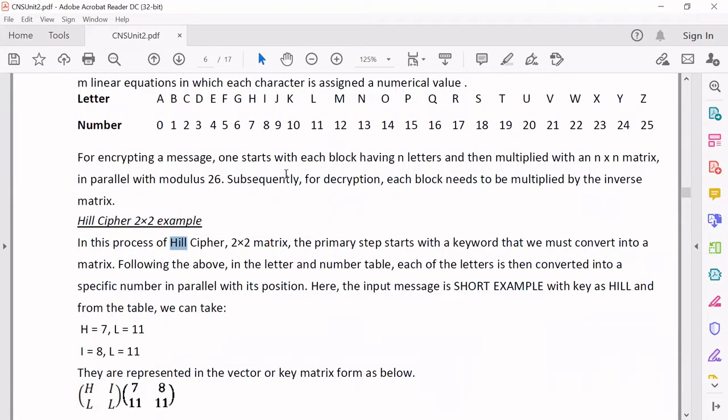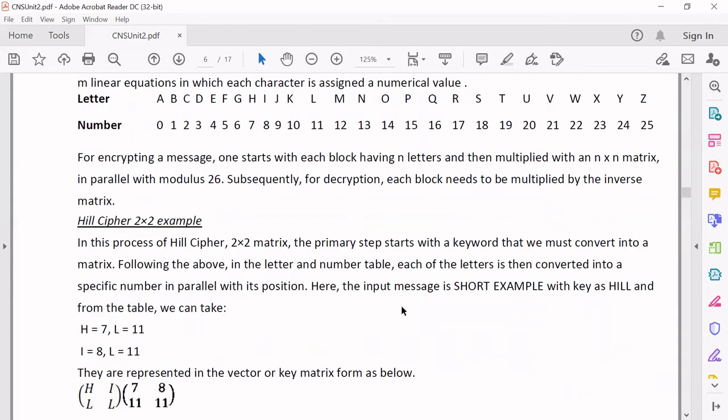So for H, what is the number? 7. L, it is 11. I, it is 8. We are taking it in a 2 cross 2 matrix, right? So H, I, column wise. So you're taking the values H, I, L, L.